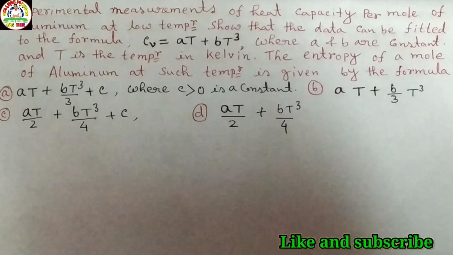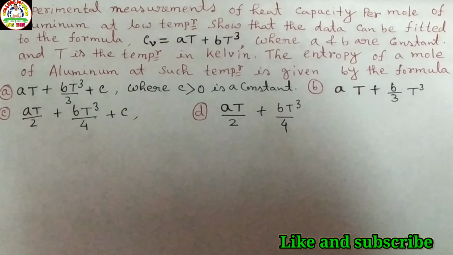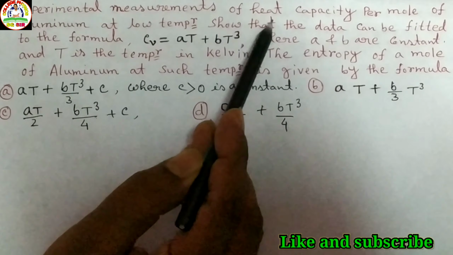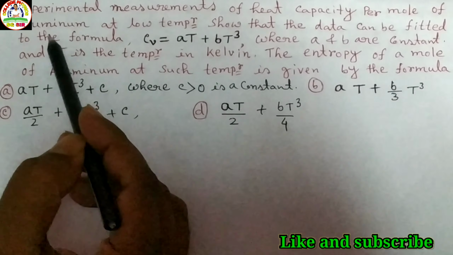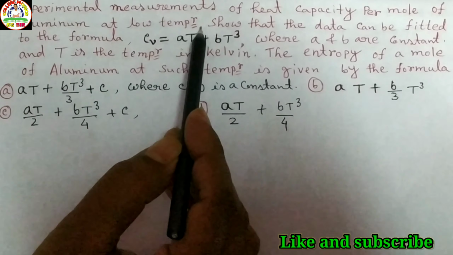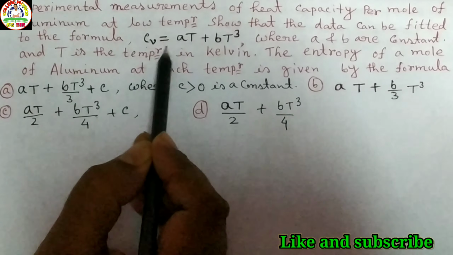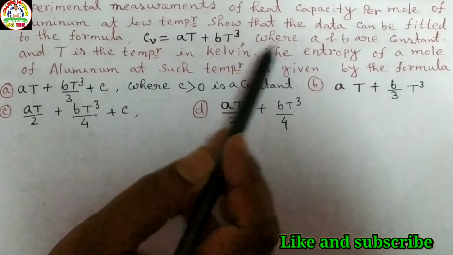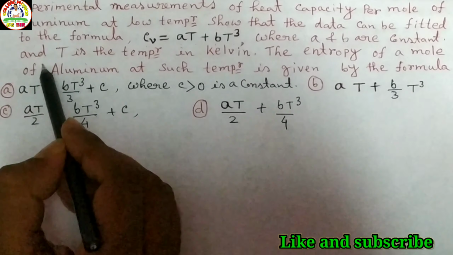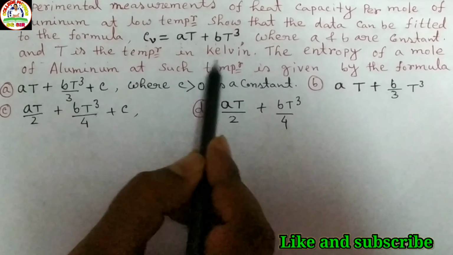Next problem from IIT JAM. Experimental measurement of the heat capacity per mole of aluminium at low temperature shows that the data can be fitted to a formula Cv is equal to AT plus BT cube, where A and B are constants and T is the temperature in Kelvin.